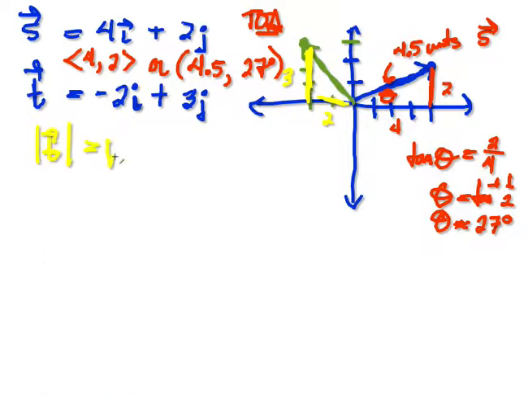Vector t is going to equal radical 3 squared plus 2 squared. I didn't write s out like this, but it's the same thing. It's just Pythagorean theorem. So what is that? 9 plus 4. That's going to be 13, radical 13. So it's going to be 13 raised to the 0.5, that would be 3.6. Okay, so vector t is about 3.6 units long. And what is the bearing of that?